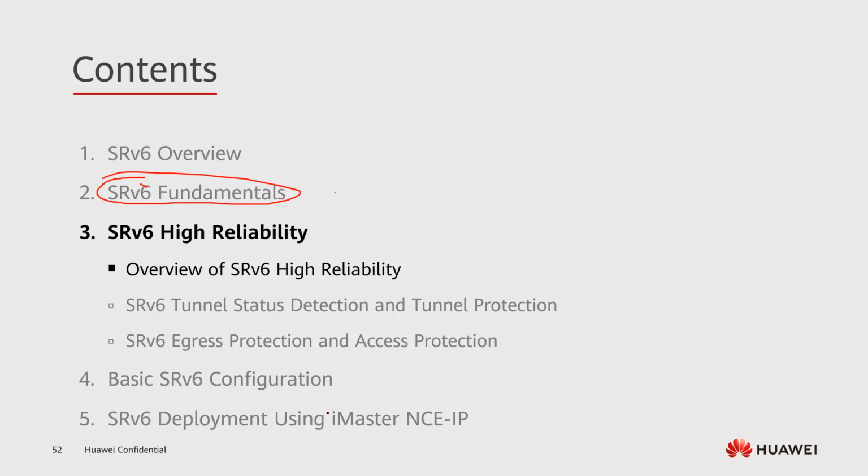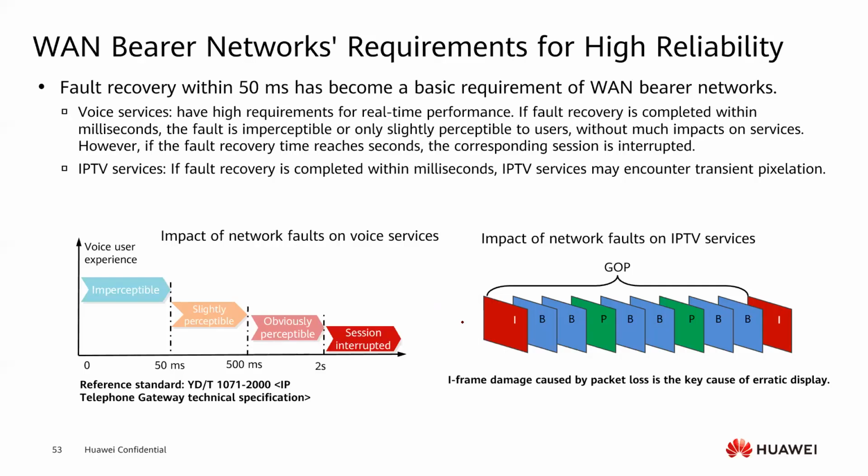The concepts are pretty much the same. A little bit of overview. We just know, like in the network, we need high reliability. We want the forwarding path switching to be fast. I want them to switch immediately, maybe under 50 milliseconds.